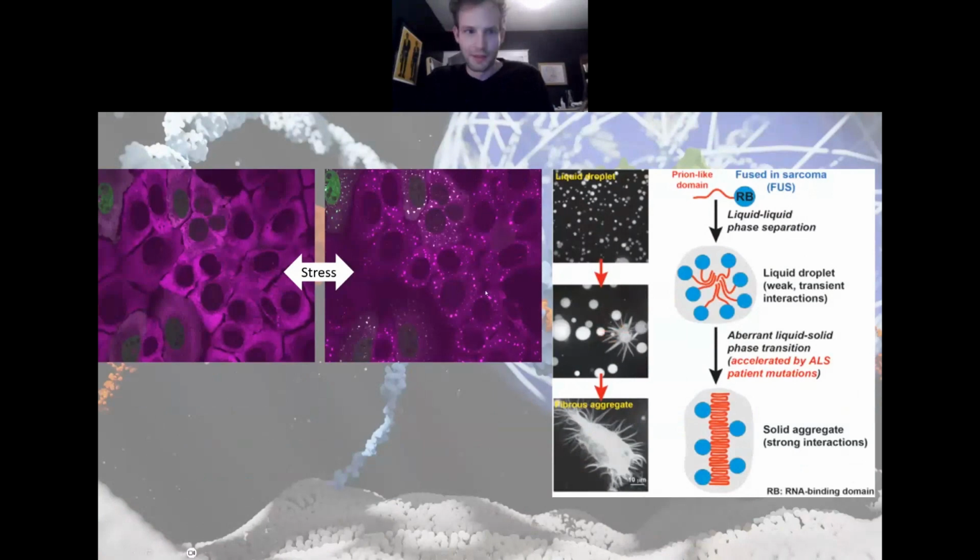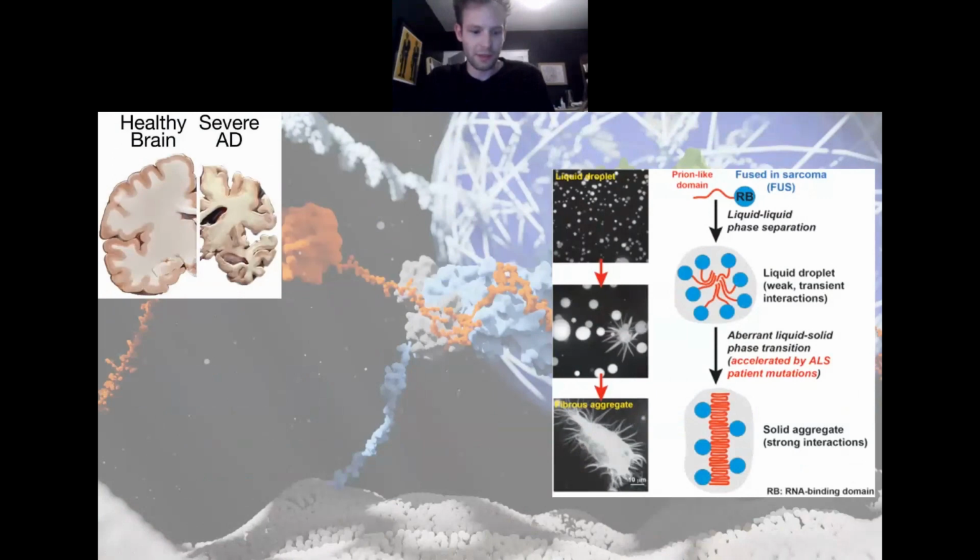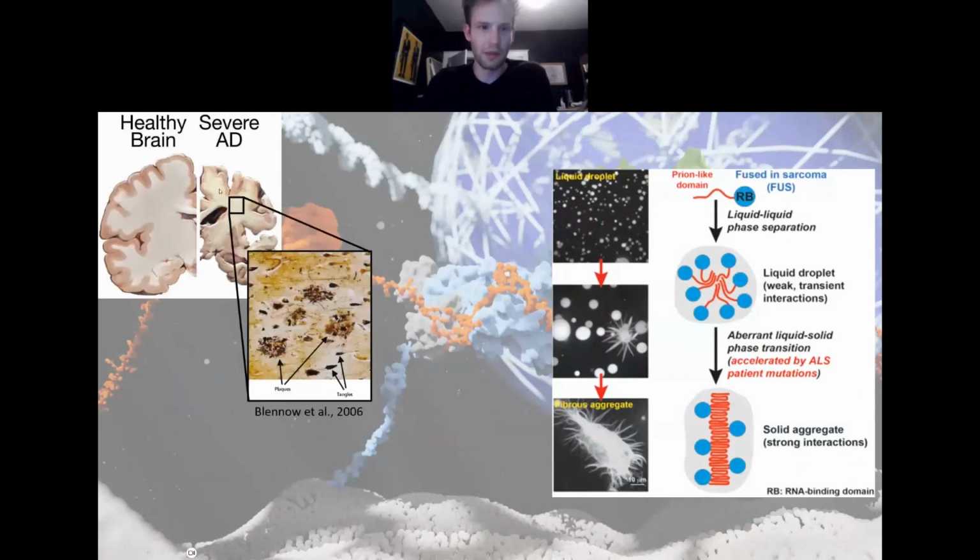So the original idea to try and interrogate this was when you have in amyloid diseases like Alzheimer's disease, you'll have neuronal death in the brain, and if you zoom in on someone's brain and stain, you might see neurofibrillary tangles of tau and plaques of A beta.